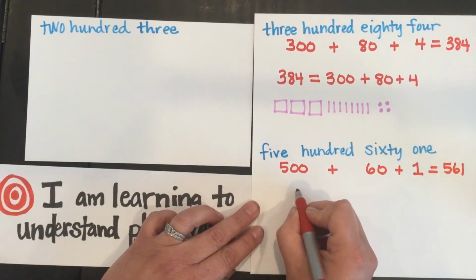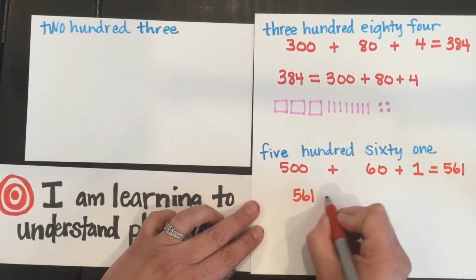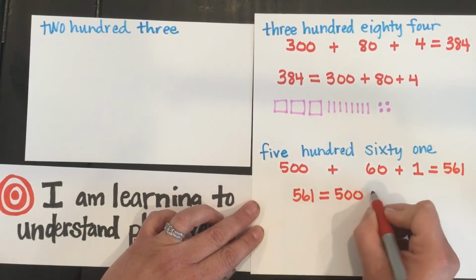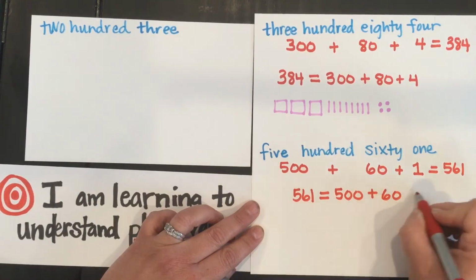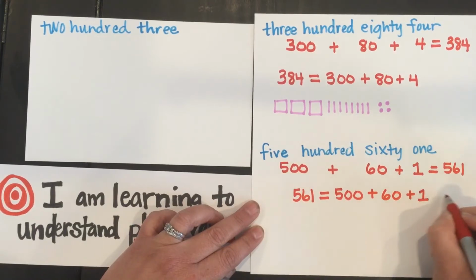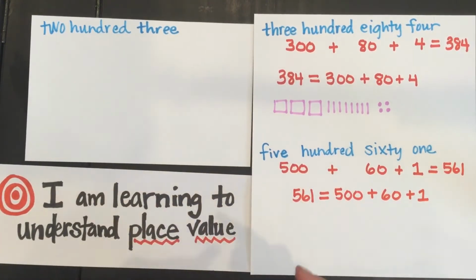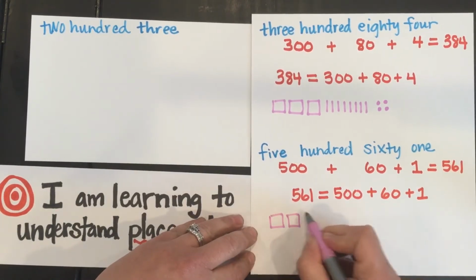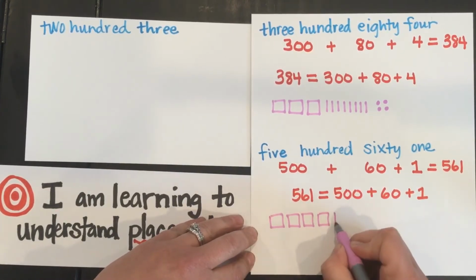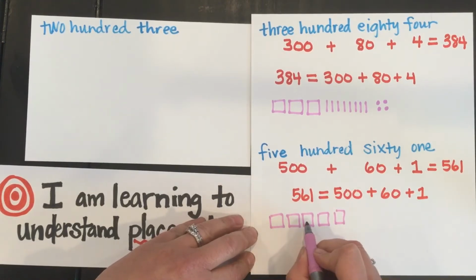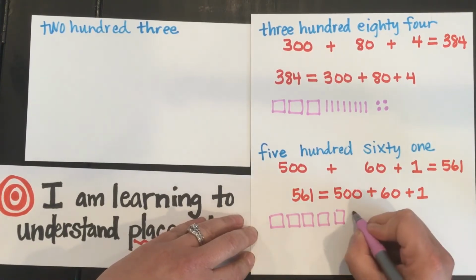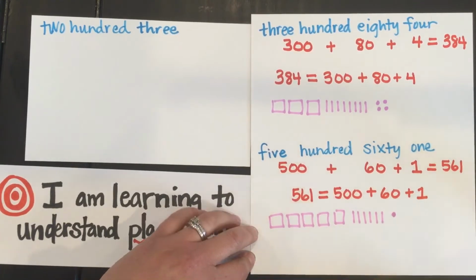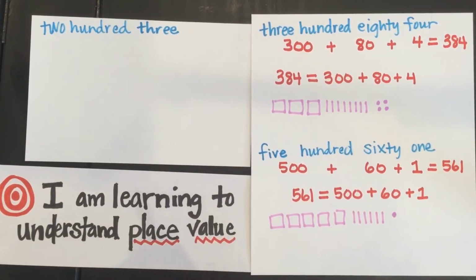I could also write it this way. 561 is the same as or equal to 500 plus 60 plus 1. And if I wanted to double check my work with the place value picture, I would have 5 hundreds: 100, 200, 300, 400, 500, then 60, and 1.